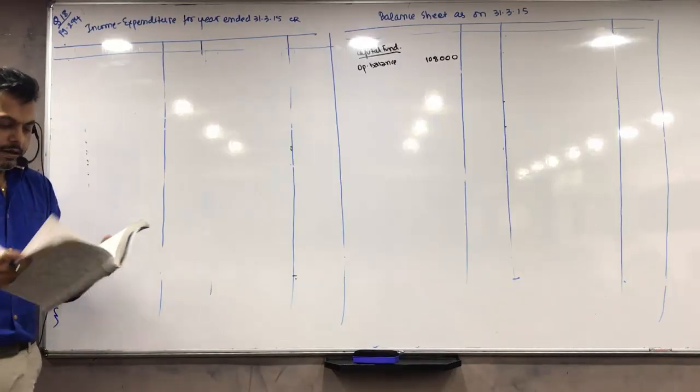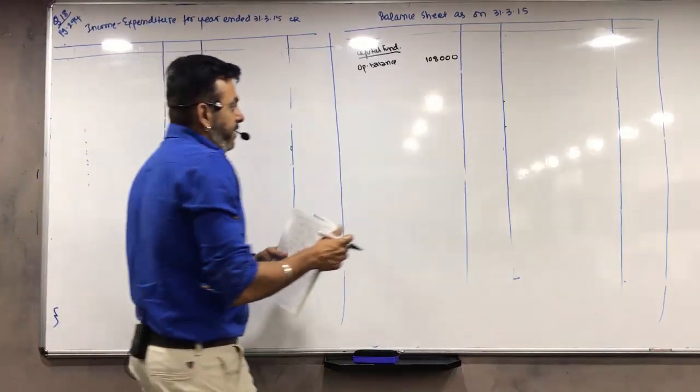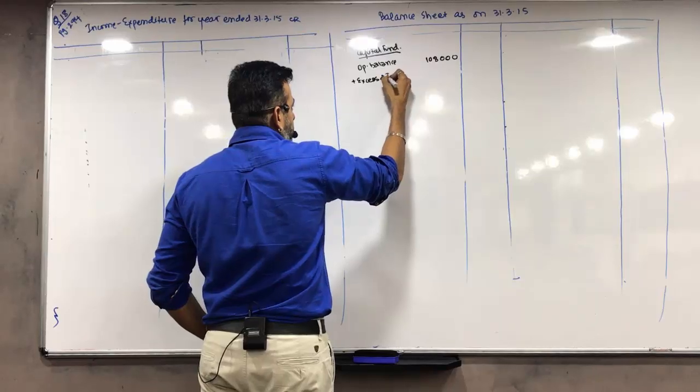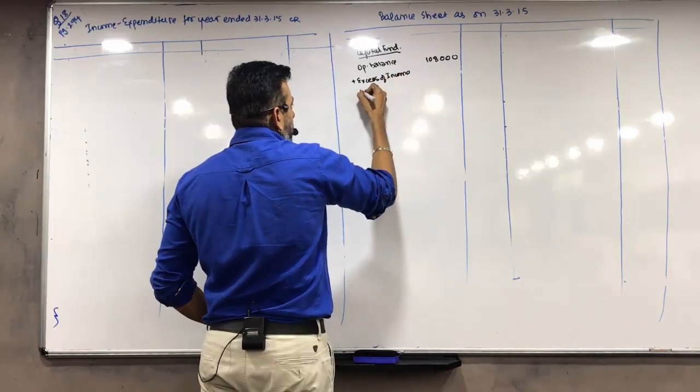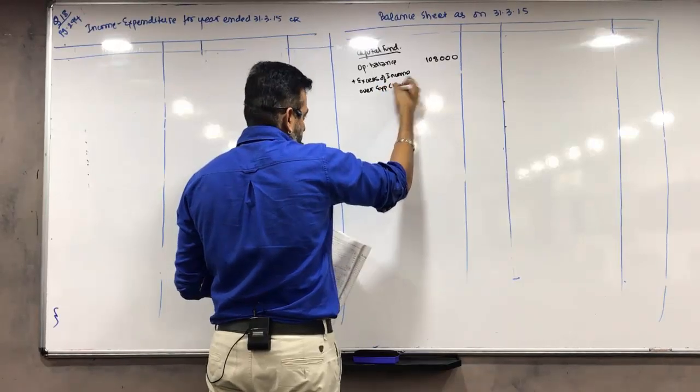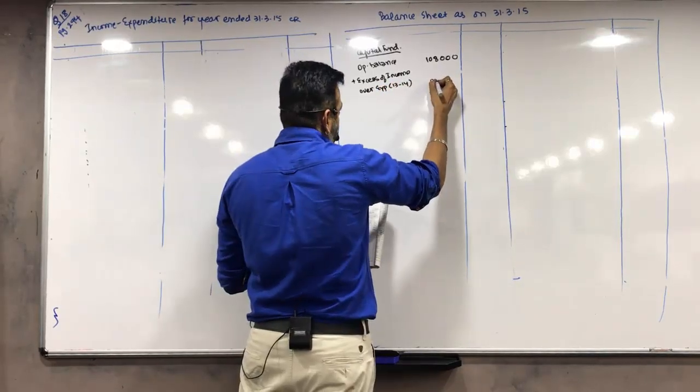Okay. Excess of income over expense we add over here only. Plus excess of income over expense, this of 13 and 14, 20,000.